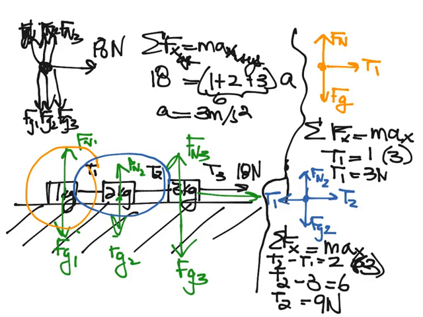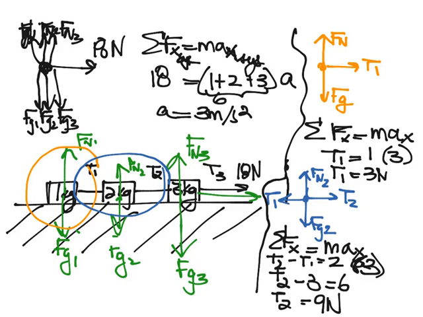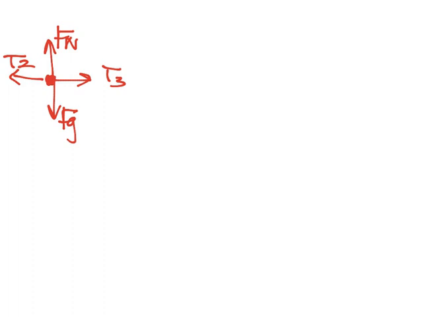I can repeat this process to find T3, so I'm going to go to a different page, but hopefully you have this all written down. And for the 3 kilogram object, I have T3, T2, Fn, and Fg. Okay, so to reiterate, at this point I'm only looking at this 3 kilogram object, and I can write out sigma Fx equals max.